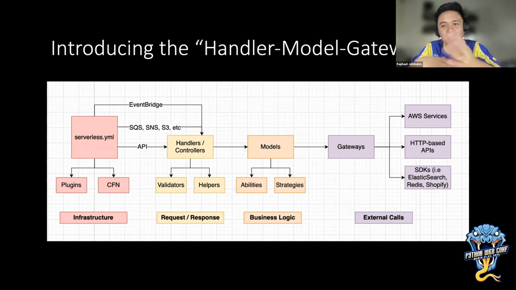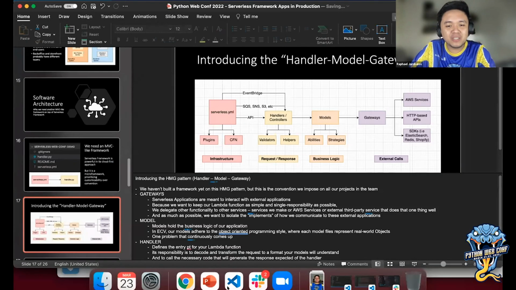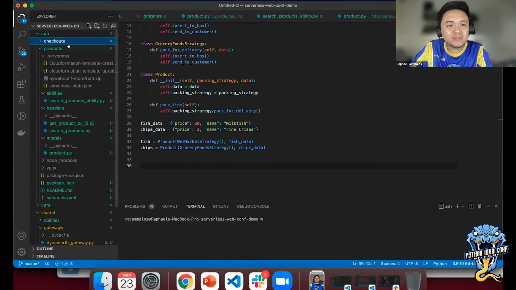But how we share it across services, we have a config.yaml that we just inherit into the different serverless.yaml files. So we have a config.yaml in the top repository. Actually, I'll show you that. So for example, this one.